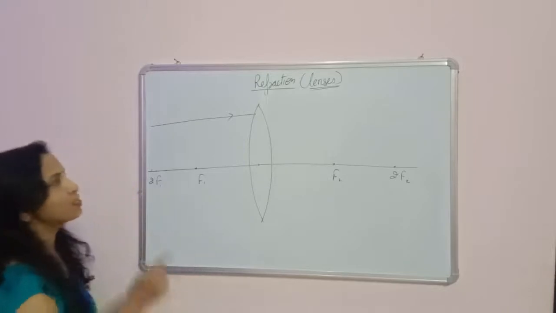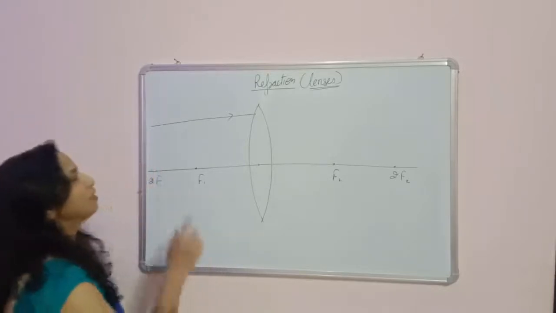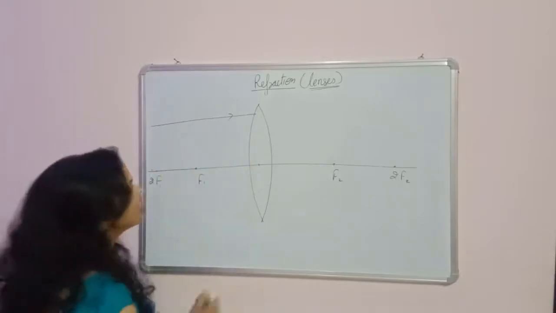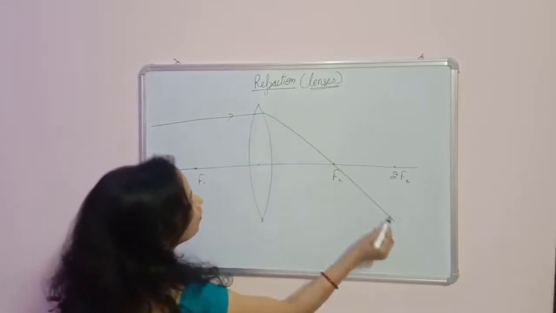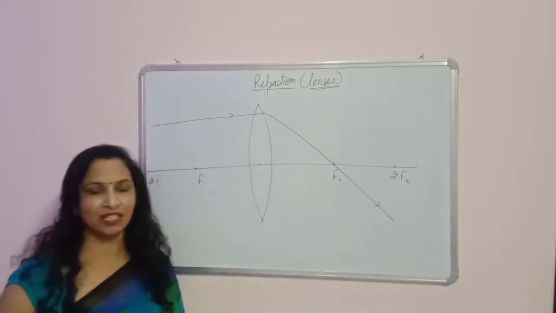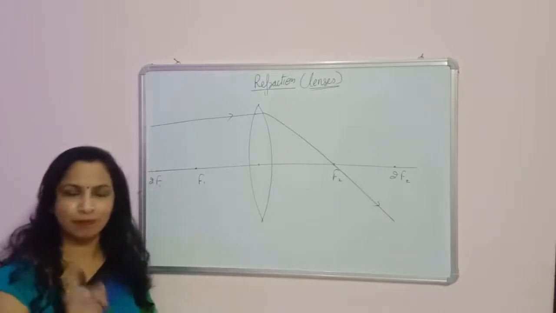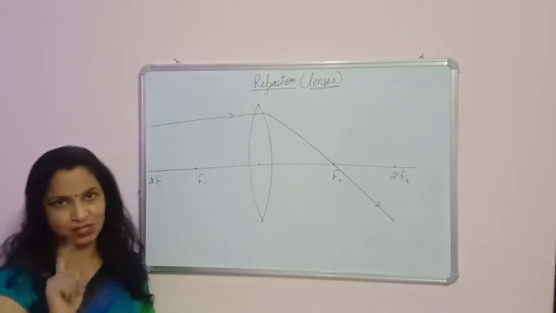Just try to understand it and then write in your notebook. The ray which is coming parallel to the principal axis, we know that this light will pass through the principal focus of the convex lens. So the first rule is, the light which is coming parallel to the principal axis will pass through the principal focus of the lens.